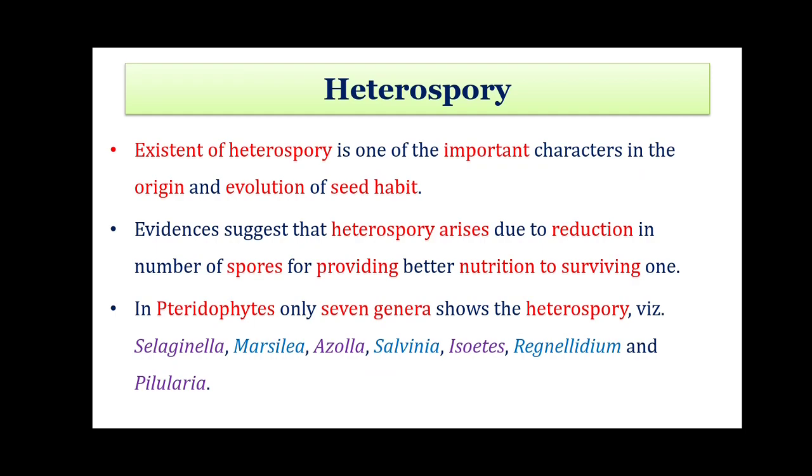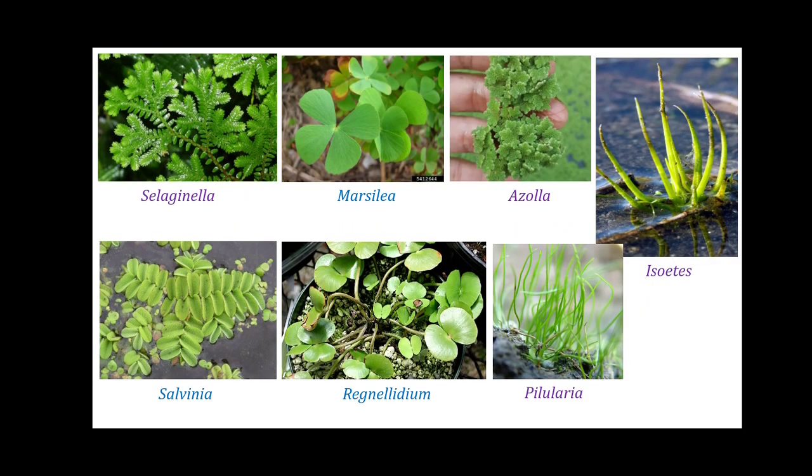But as heterospory has developed, it has witnessed a reduction in the number of spores, so that the remaining spores can get a better amount of nutrition. In Pteridophyta, 7 genera show heterospory. These genera are Selaginella, Marsilea, Azolla, Salvinia, Isoetes, Regnellidium and Pilularia.